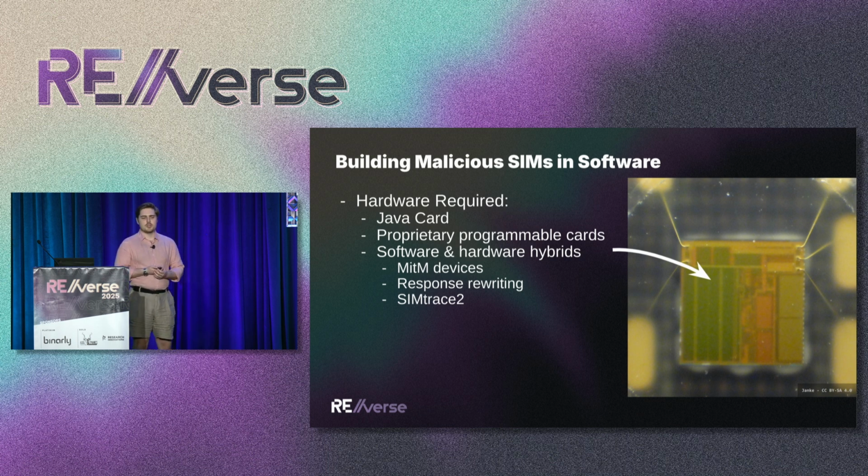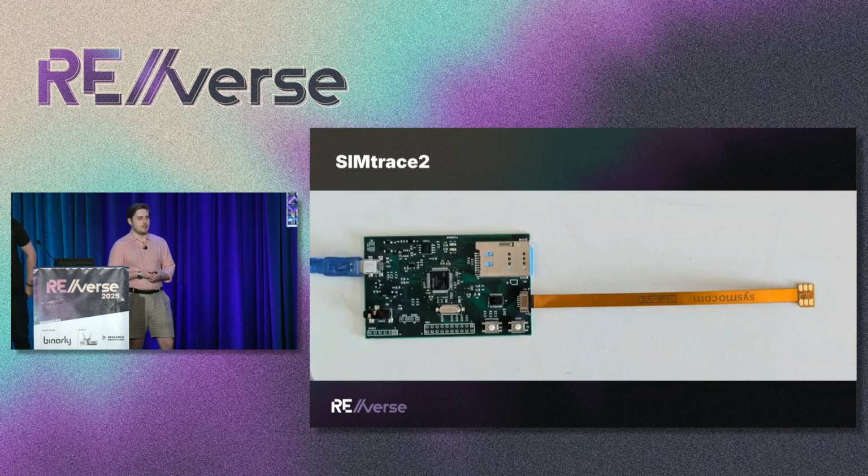And then lastly, there's also a device called SIMtrace2, which is really one of the only ones of its kind, which allows you to actually forward messages from the SIM slot over USB to the host and then connect virtually any PC/SC connected card with a regular reader, as you would, to that phone. So this is the SIMtrace I was talking about. And on the right, you can see this SIM-shaped adapter.